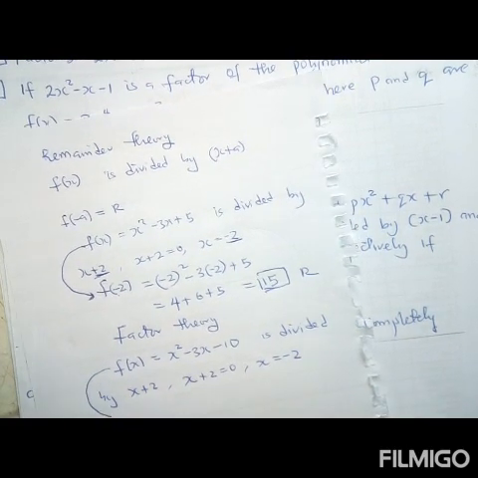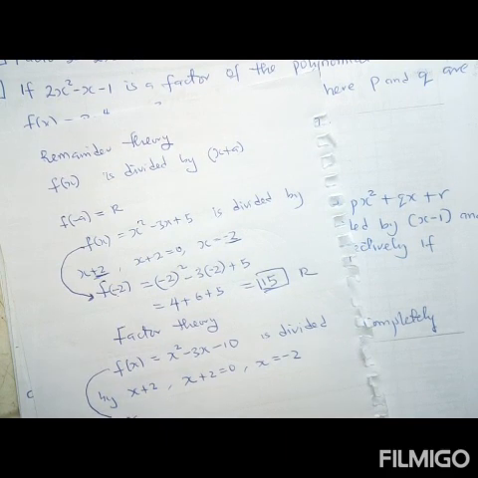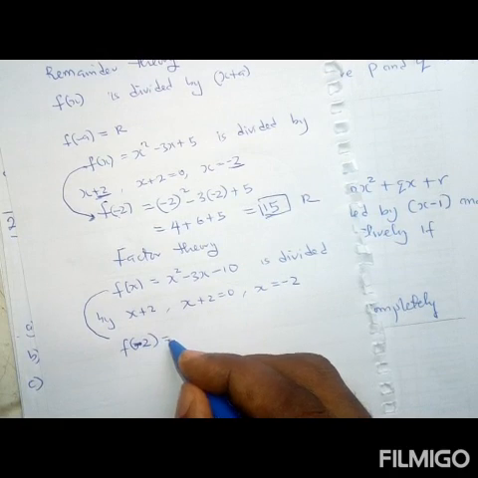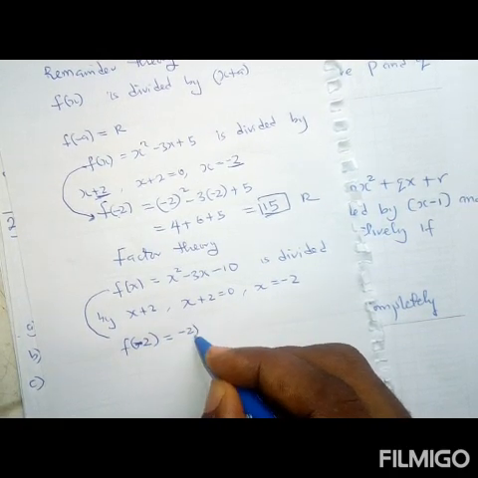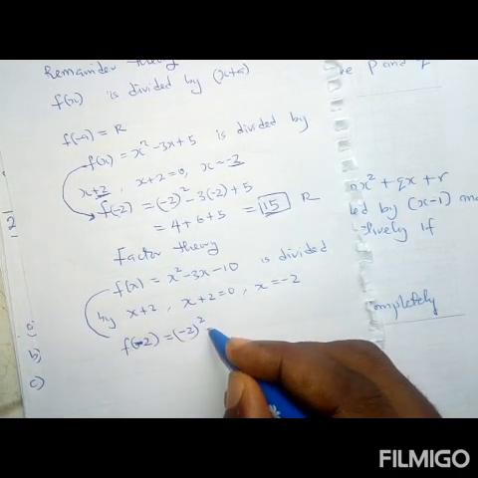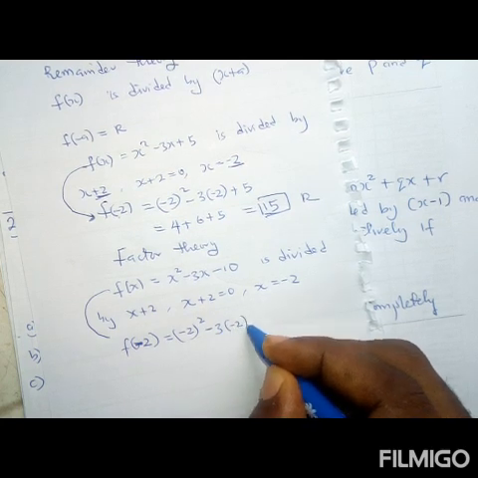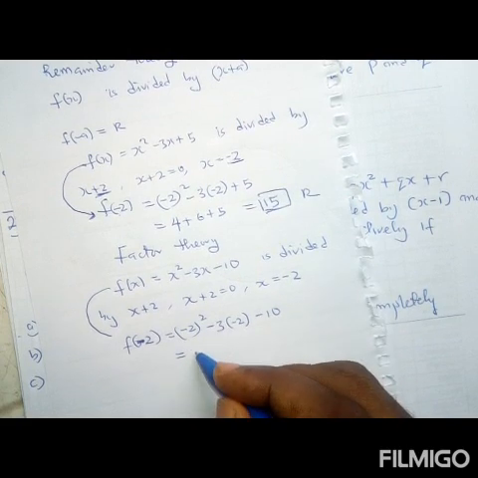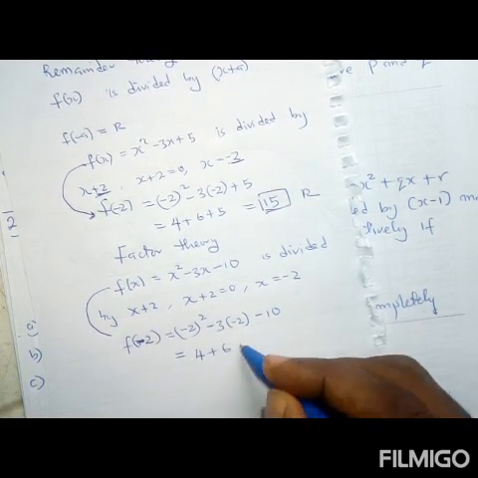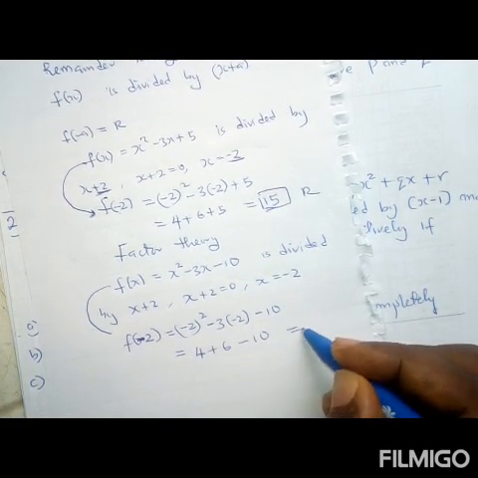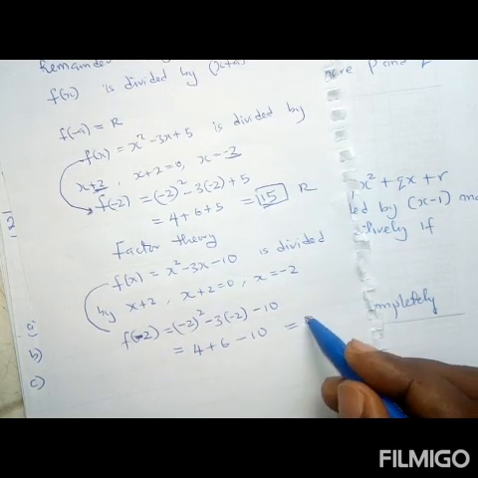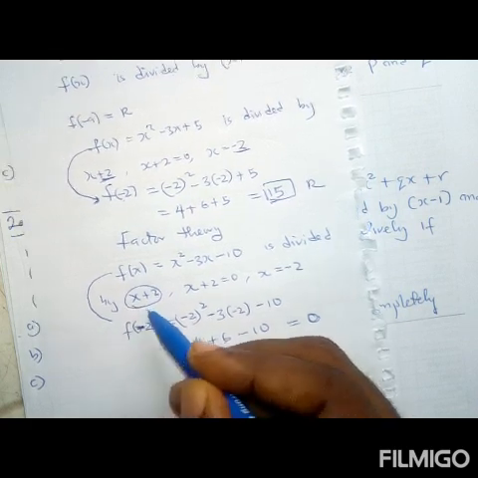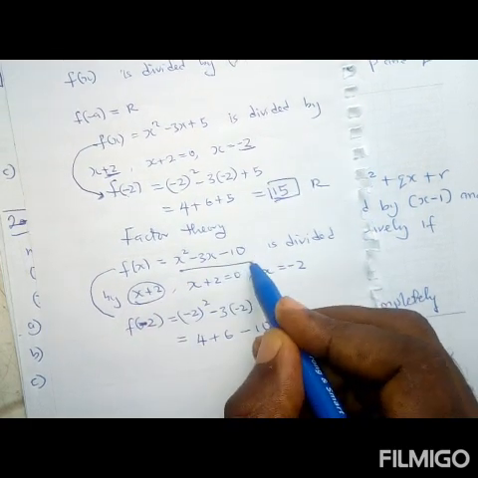If you put it in this function, f of minus 2 is equal to minus 2 squared minus 3 bracket minus 2 minus 10. This will give you 4 plus 6 minus 10. This will give you 0. The answer gives you 0. It means x plus 2 is a factor of this polynomial.